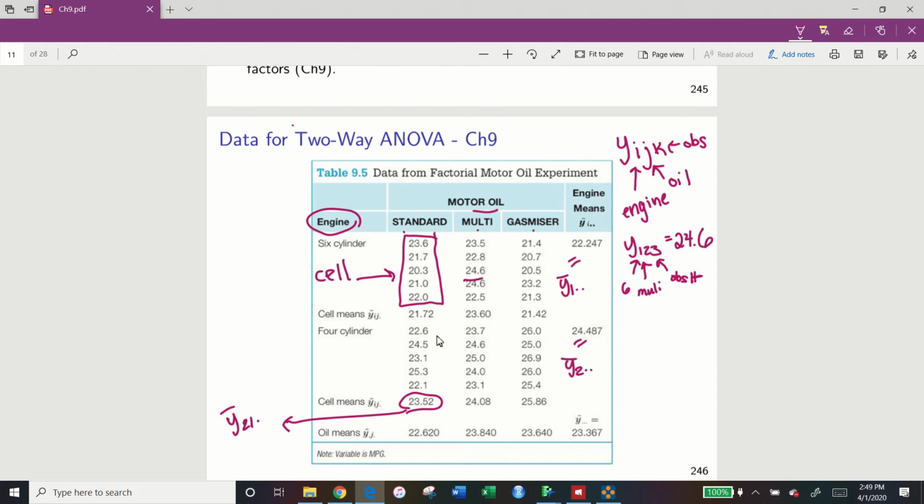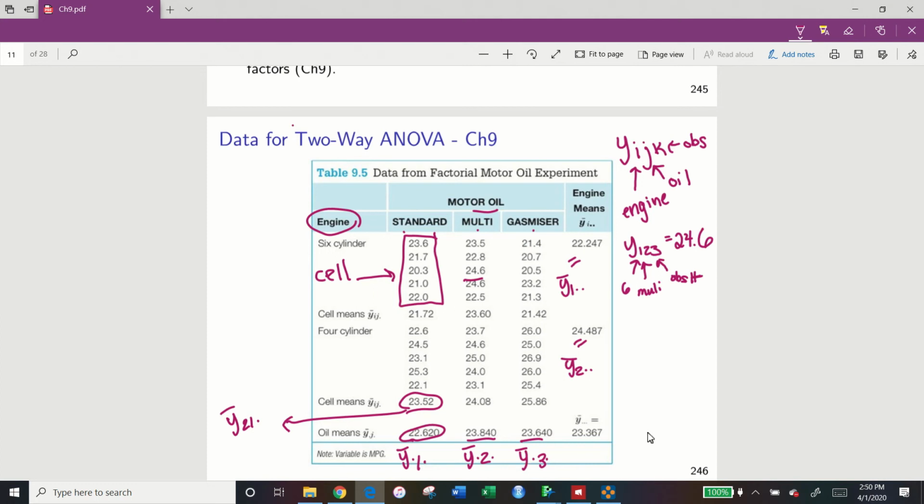We can also look at our overall oil means. So for 22.620, that would have been y dot 1 dot bar, because it's over both engines, all cells. 23.840 would have been y dot 2 dot bar, and 23.640 would be y dot 3 dot bar.